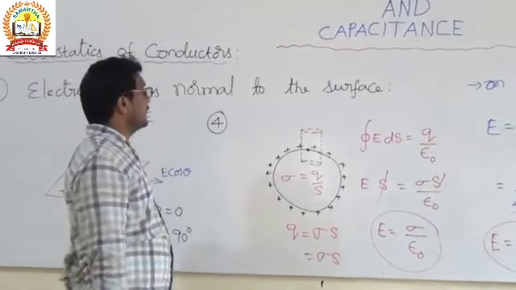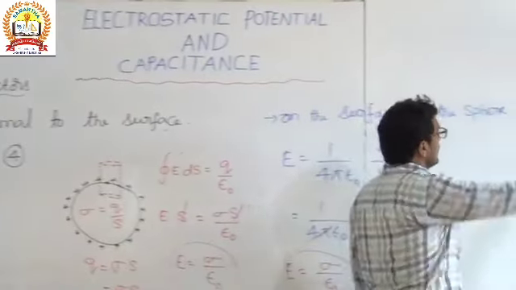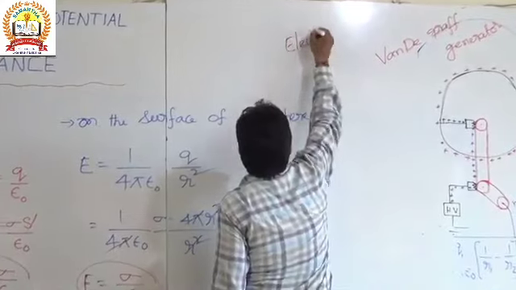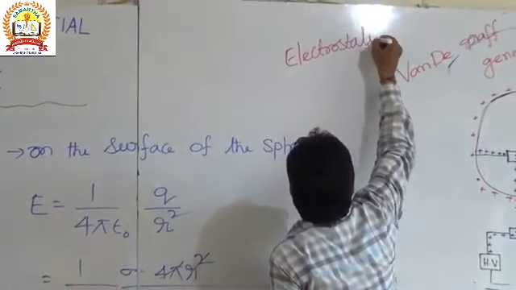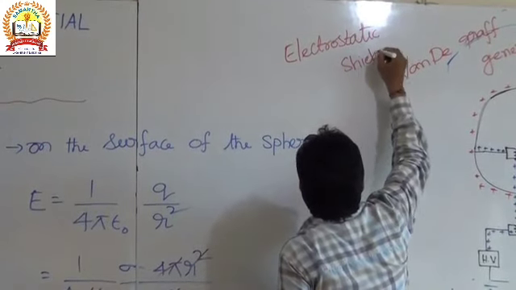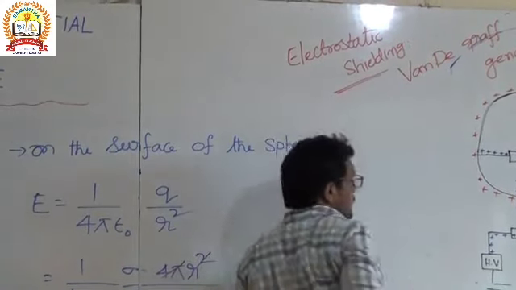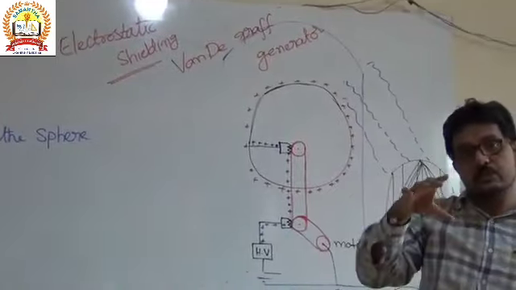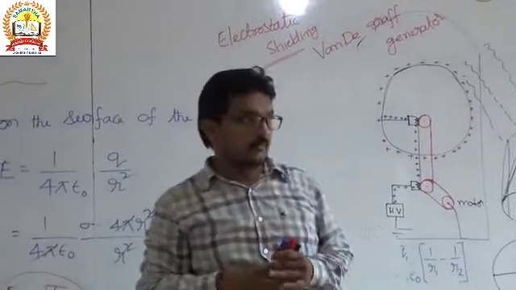And next one is electrostatic shielding. What is electrostatic shielding? Here we use electrostatic shielding to protect sensitive instruments from electrical influence.